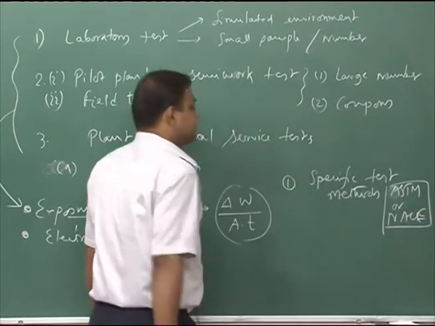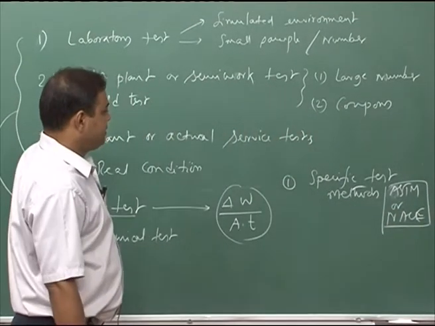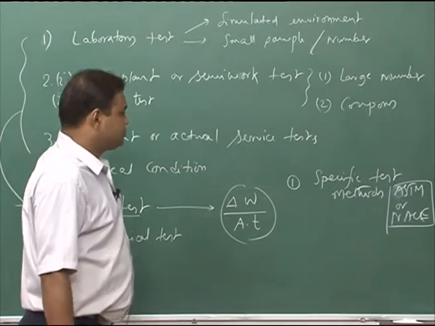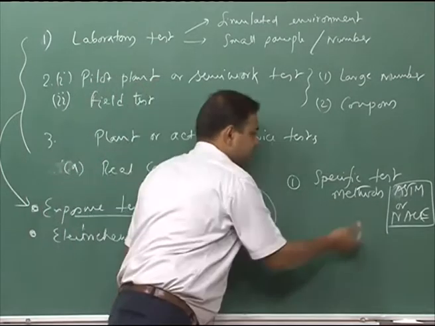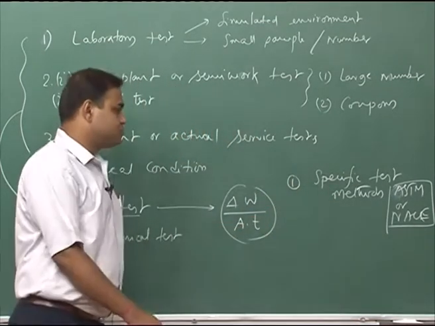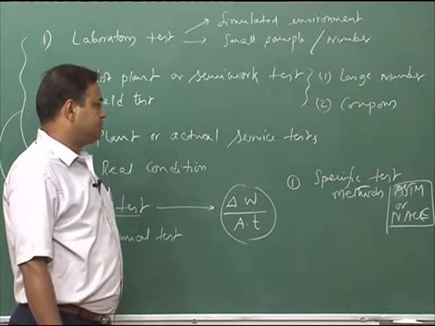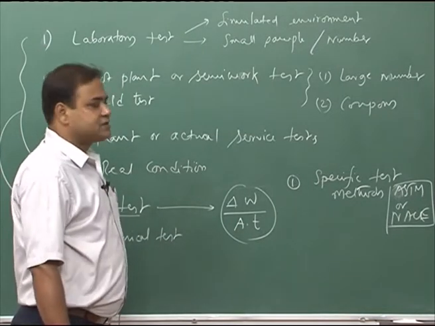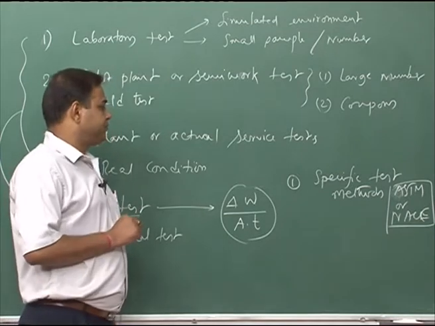Those test standards are to be used, and they tell us how long a material is to be exposed to a particular environment, what the sample size is, and what the sample dimensions are.